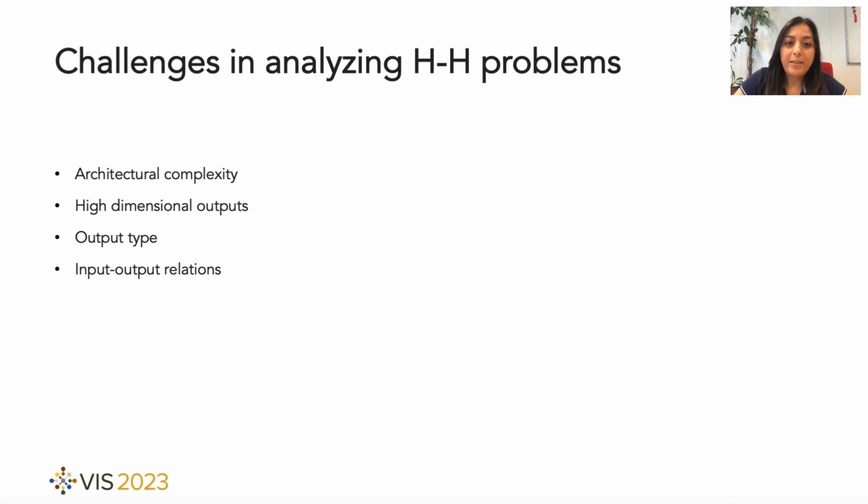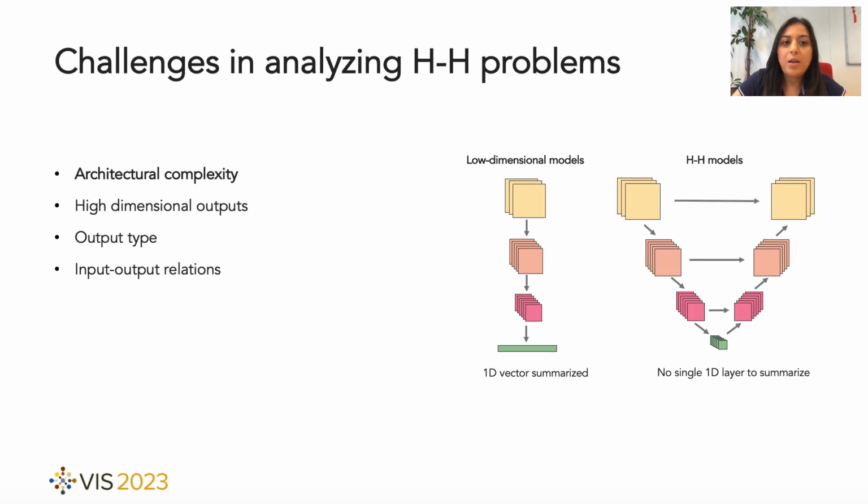Extending existing VA systems to HH problems presents several challenges. While the challenges of high-dimensional inputs have mostly been addressed in literature, the complexities of HH architectures and high-dimensional regression outputs are minimally addressed. First, low-dimensional problems have this compressed 1D layer at the end of the network to analyze.